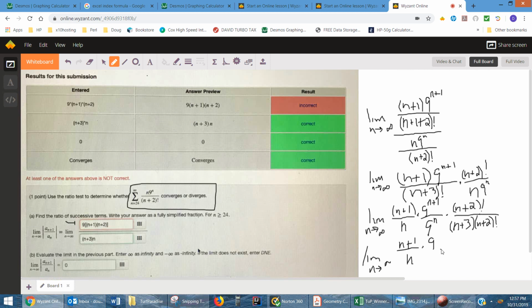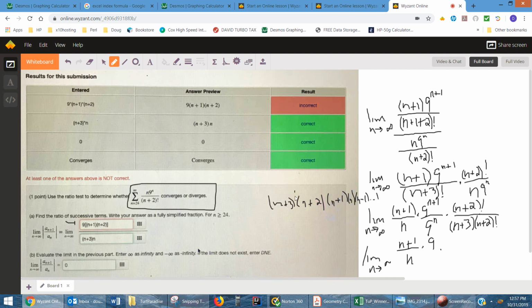And now here's the key. This n plus 3 factorial means n plus 3 times n plus 2 times n plus 1 times n, and we keep times n minus 1, and we keep going dot dot dot all until we get down to 1.